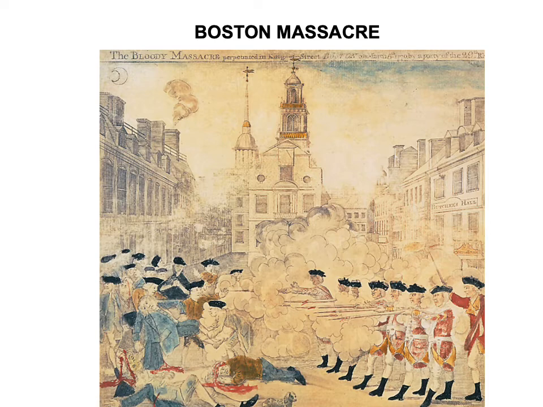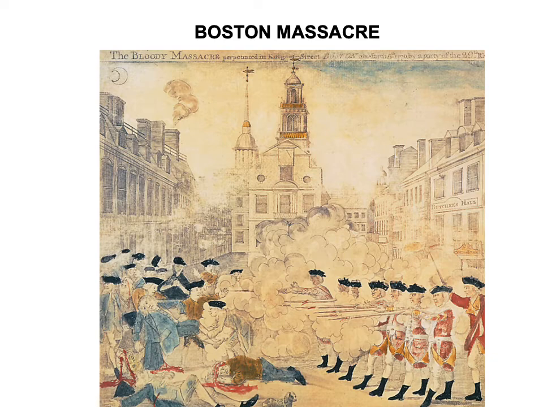And what you see here is a very famous drawing that was done the day after, and it was quickly circulated in all the newspapers in the major cities in the colonies. And this became a real symbol or rallying cry for the colonists, particularly the phrase massacre. You see the British troops lined up and shooting into the unarmed colonists.